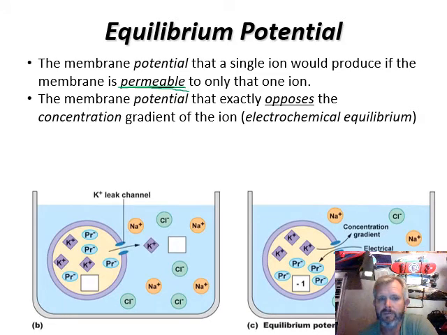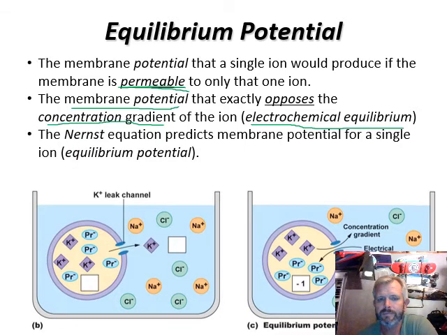At what point does the membrane potential oppose the force of the concentration gradient? That is when we are at electrochemical equilibrium, and that is what the Nernst equation is predicting.